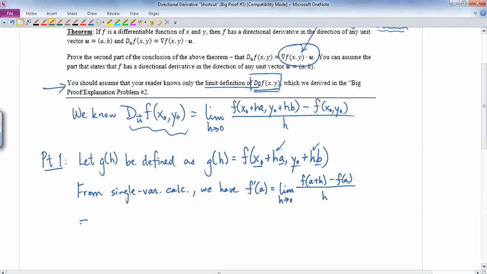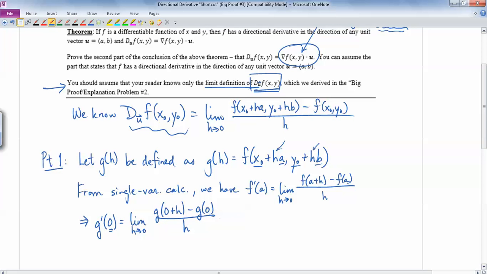So that means that we can write g prime of h. Well, actually, I'll go even further. I'll say g prime at 0. So when h is 0, would be written as limit as h goes to 0. And instead of a, I'm plugging in 0. Instead of f, it's g. So this just turns into g of 0 plus h minus g of 0 over h.